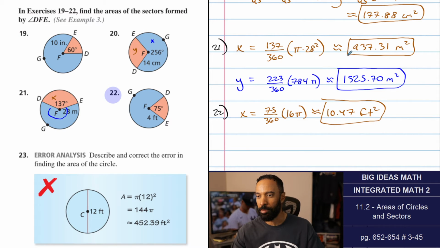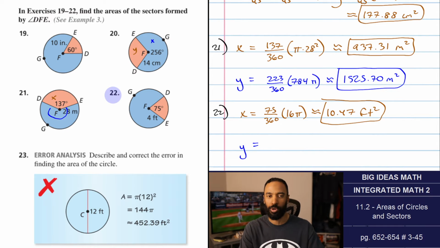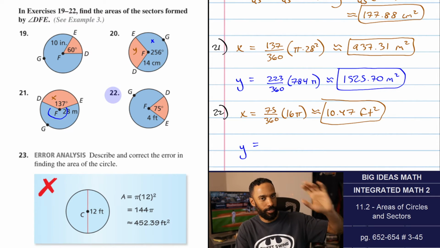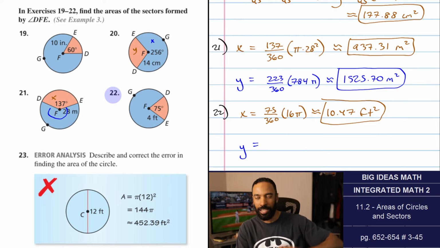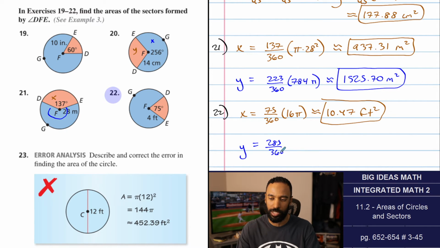Sorry if I'm not labeling the things X and Y inside of the figure. Hopefully you're recognizing what I'm doing by color. You can call it different things. The book will say area of arc DE, sector DE, or whatever they call it, DFE. So I'm not doing that whole thing. So Y, 360 minus 75 is 285. So we're going to do 285 over 360.